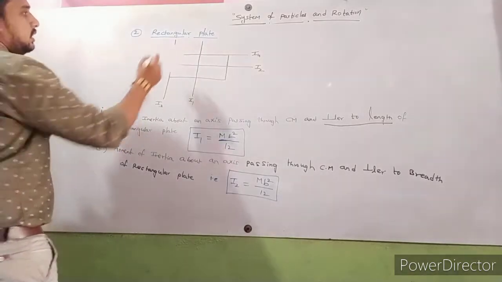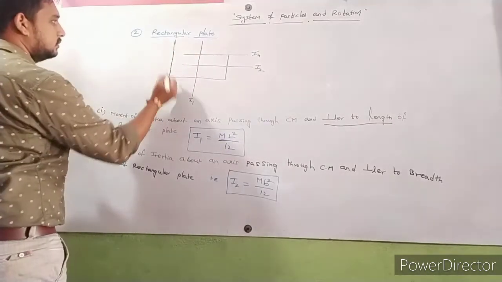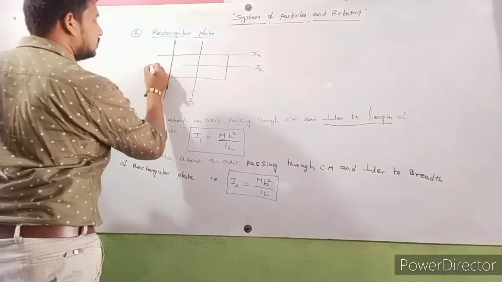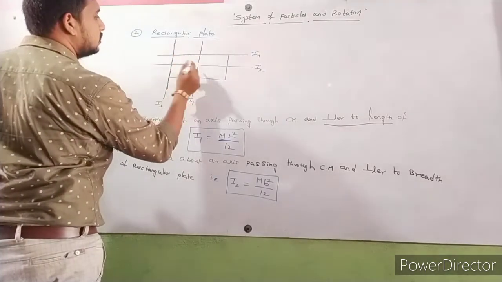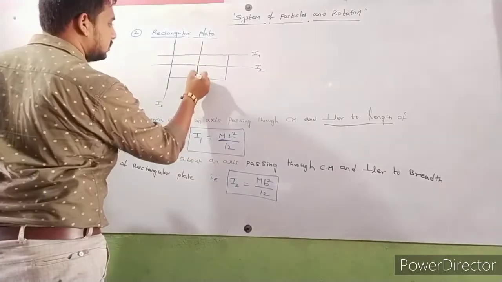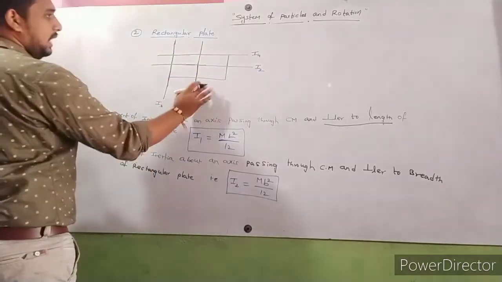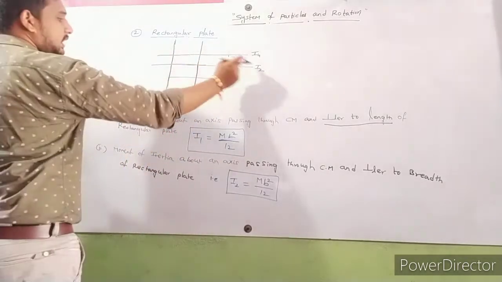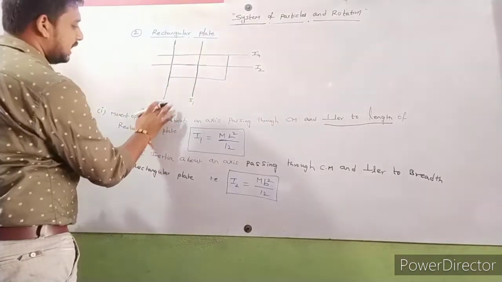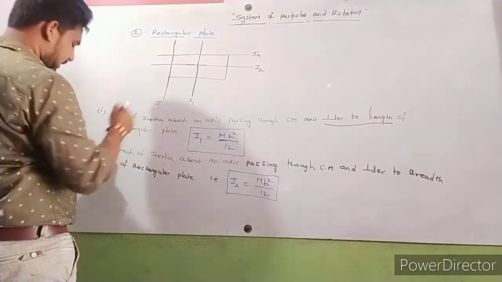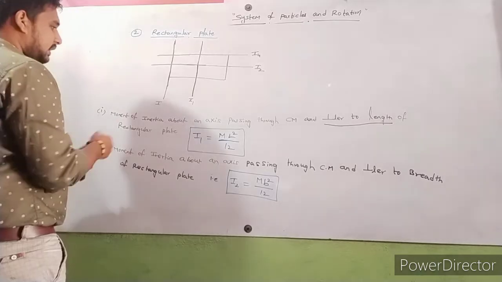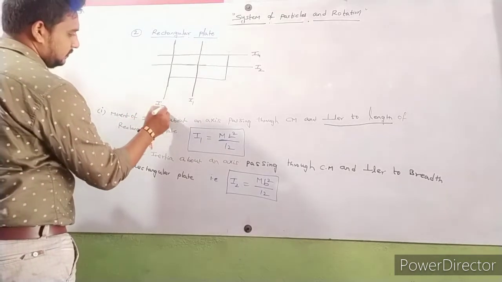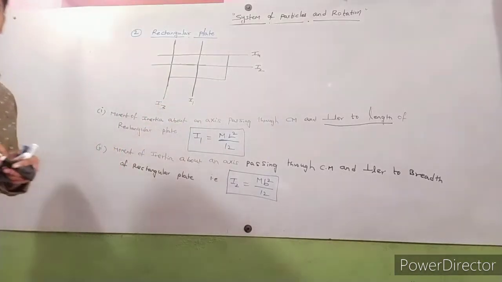So here the two axes are completed, next I3 and I4. For the axis I3 and I4, we will discuss now.